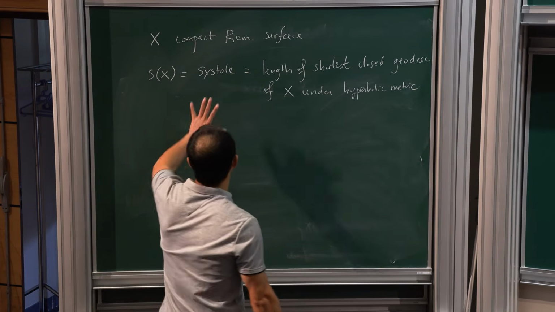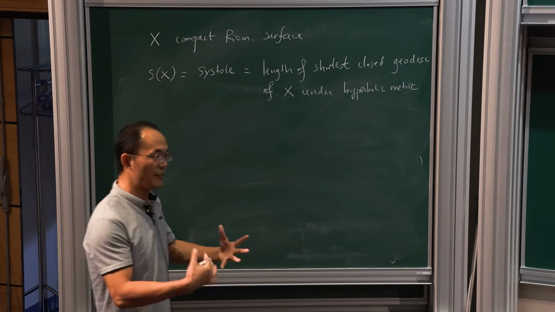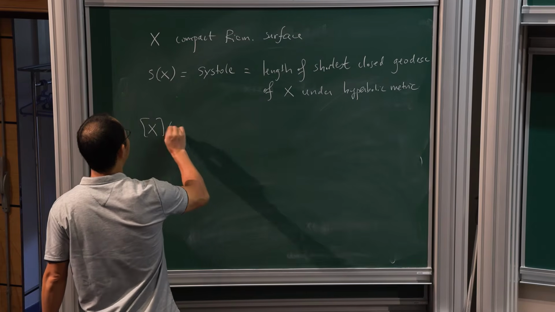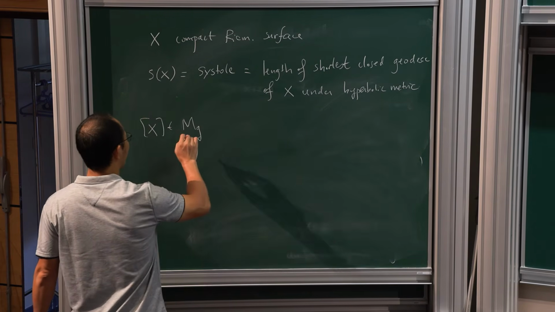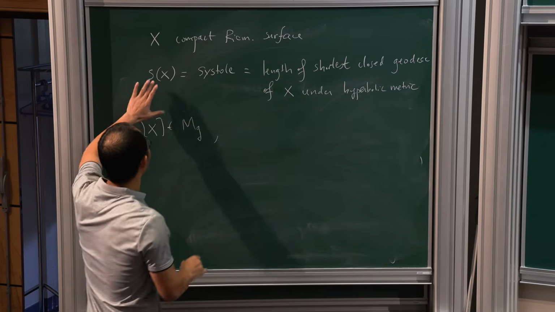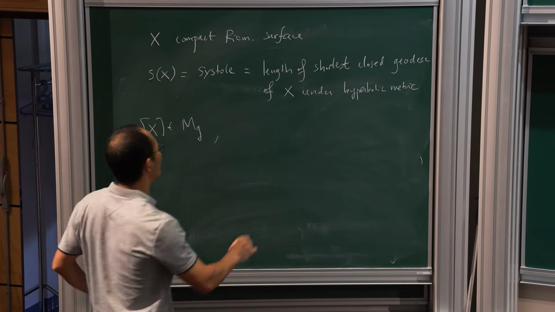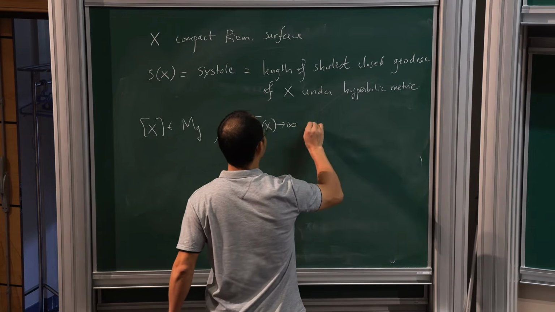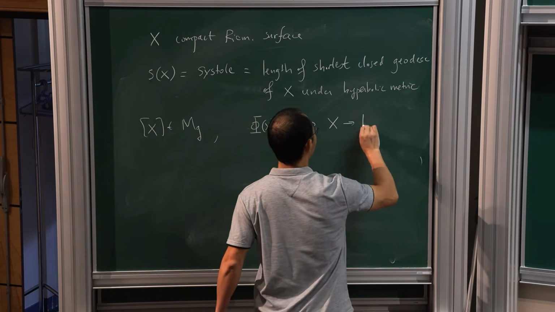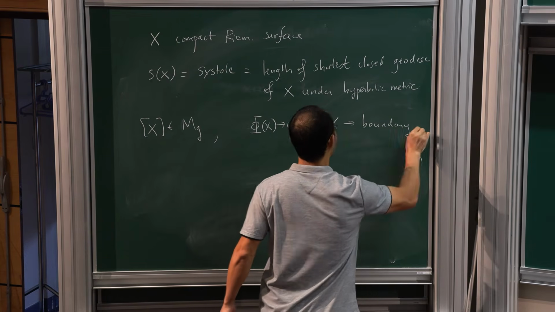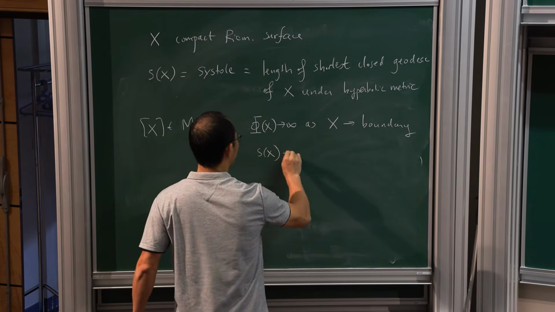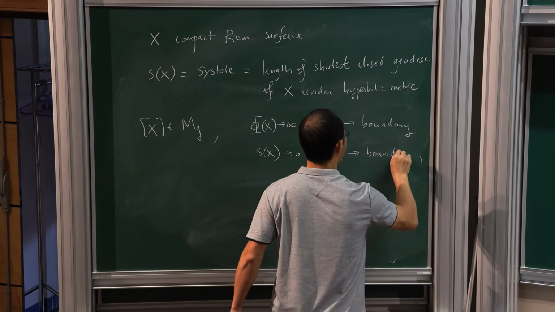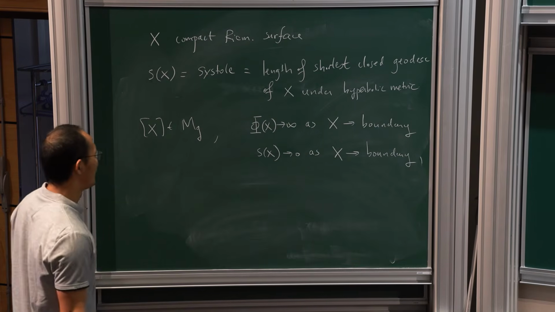This turns out to be a very good invariant. Suppose X is in the moduli space M_g, and this is a function on M_g. Then for example, we have this φ invariant: φ(X) goes to infinity as X goes to the boundary, and S(X) goes to 0 as X goes to the boundary.